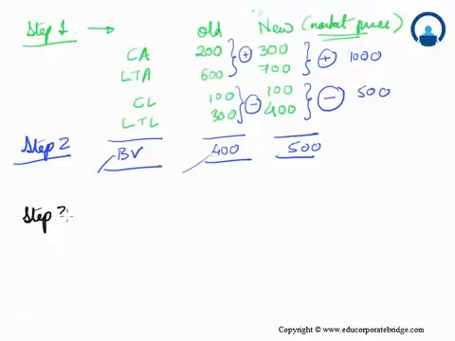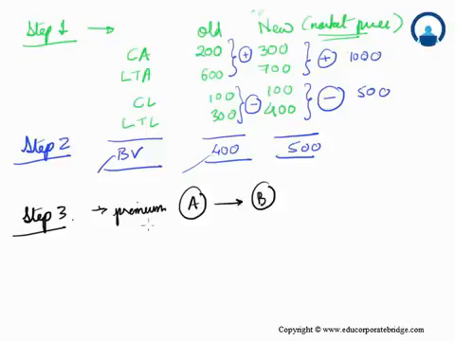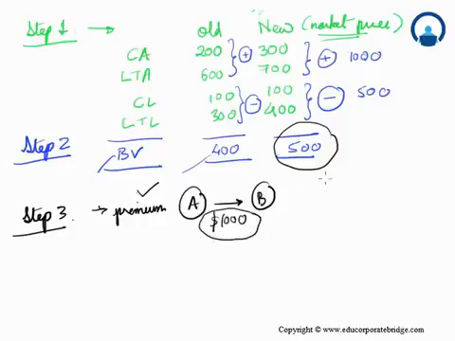Step 3 is basically to find out the premium that company A had paid to company B. What kind of premium are we talking about here? This premium is nothing but the price that company A has paid to B, which is $1,000, and we compare the price we have paid over and above the new book value.